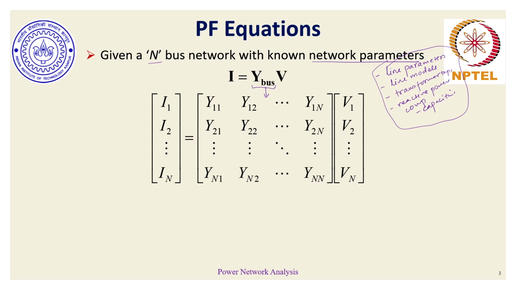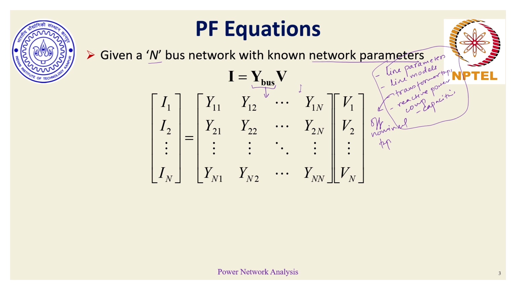It is not always symmetric, specifically when transformer taps are at the off nominal position. Only when the transformer taps are at nominal position, or to be more precise, if the transformer taps act only as voltage regulators and not as phase shifters, then the corresponding Y-bus turns out to be a symmetric matrix.